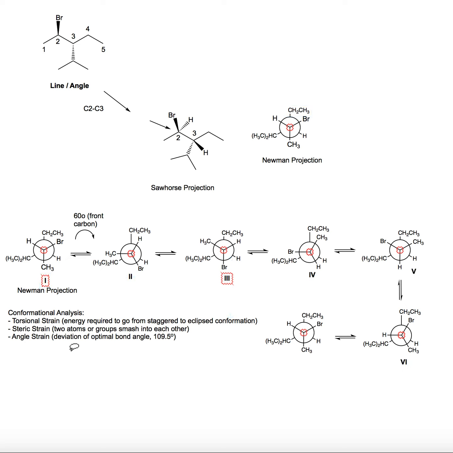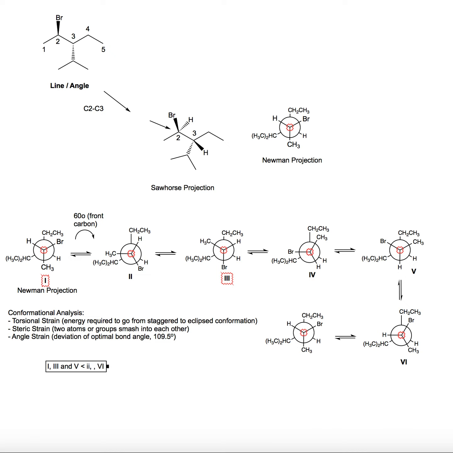So to begin with, we know that 1, 3, and 5, because they are staggered, are lower in energy as compared to 2, 4, and 6. Okay, why is that?